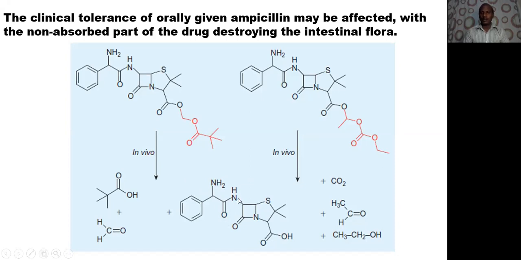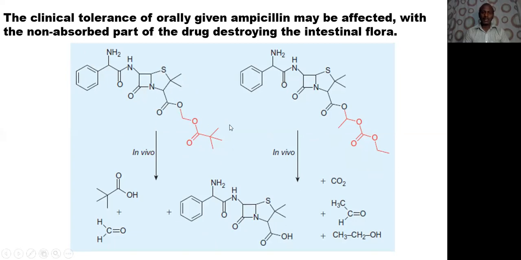With proper, optimal lipid solubility, a drug can cross the lipid bilayer of the intestinal wall and enter the systemic circulation. So to increase the lipid solubility, we converted this active molecule into prodrug molecules: pivampicillin and bacampicillin.